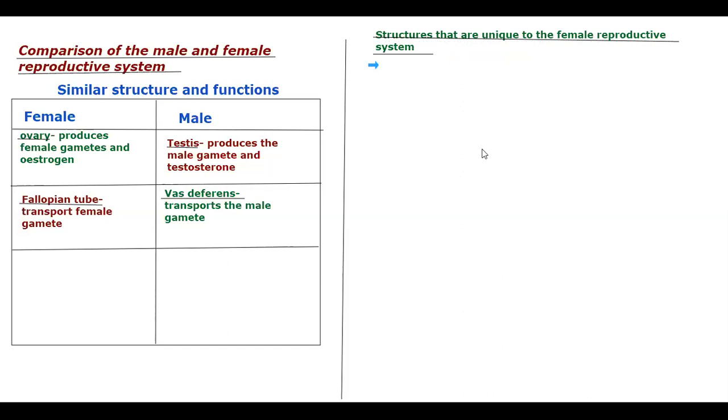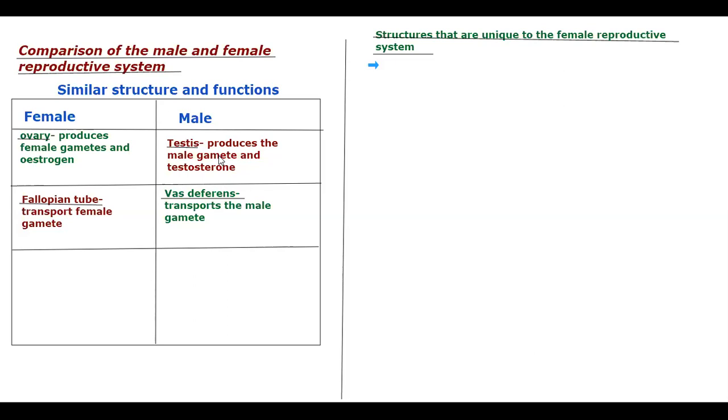Miss, the egg. No, I wouldn't say the egg. Well, the egg is a female gamete and the male has the sperm, which is a male gamete. So technically, that would be similar. Remember we're talking about the reproductive system, not just the physical system.